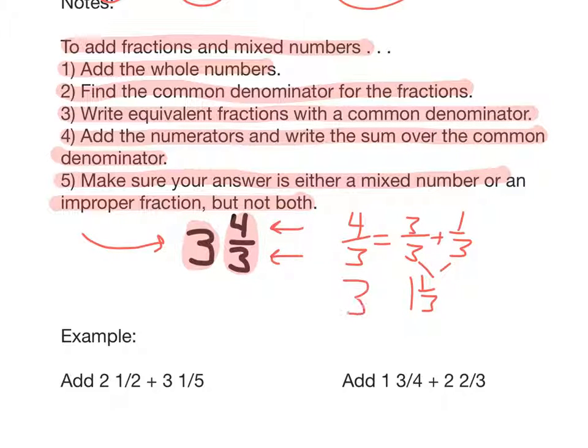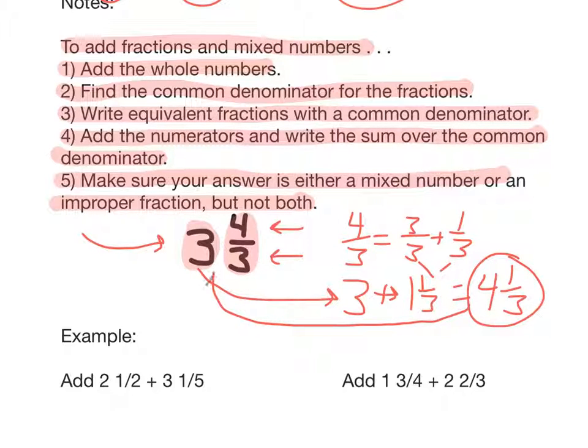And when you add on the other whole number 3 plus 1 and 1/3, you add up the whole numbers and you get 4 and 1/3. So 4 and 1/3 is an appropriate way to write this. You can't leave it the way it was.